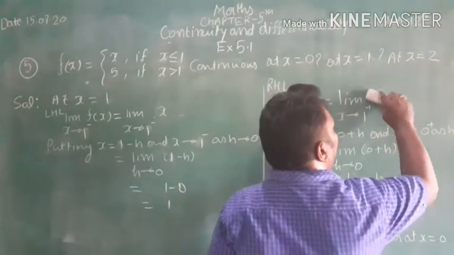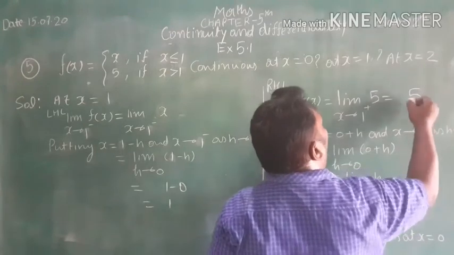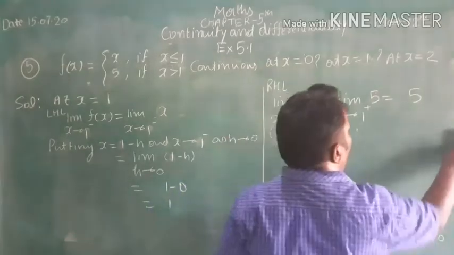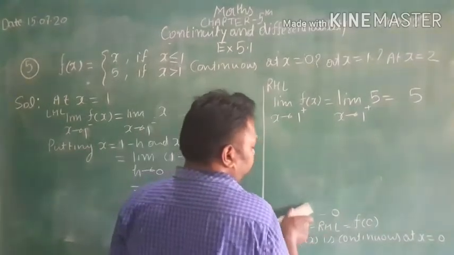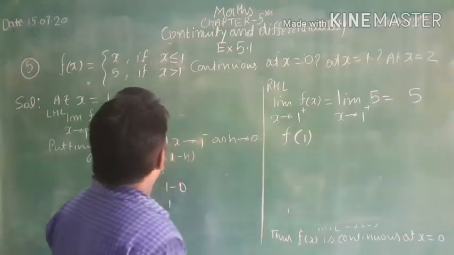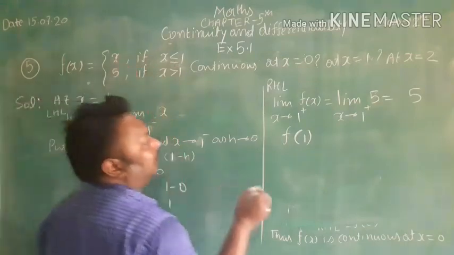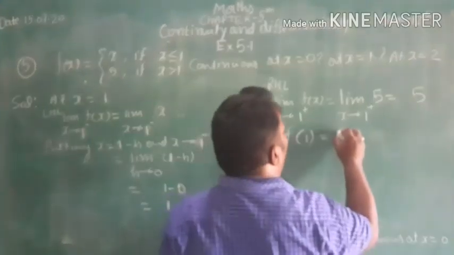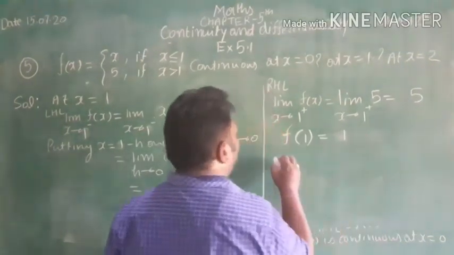So we write down here 5, and the limit of a constant is constant. So we don't need to do more steps. The value is 5. We write down the value of f(1). So the value of f(1), this is equal to x, for x = 1 we take this function. So in place of x we write down 1, that is also 1.